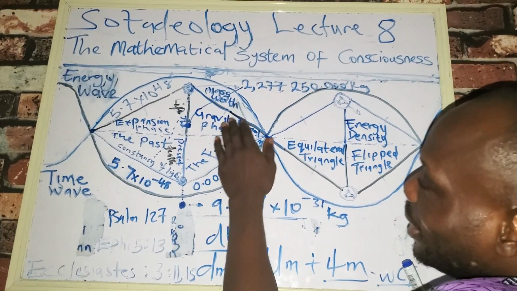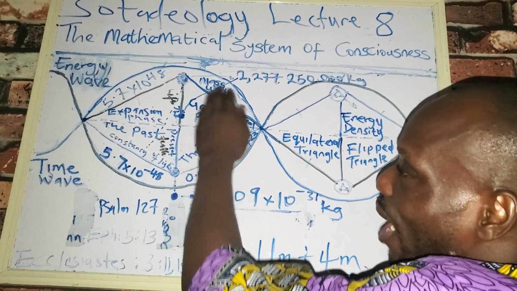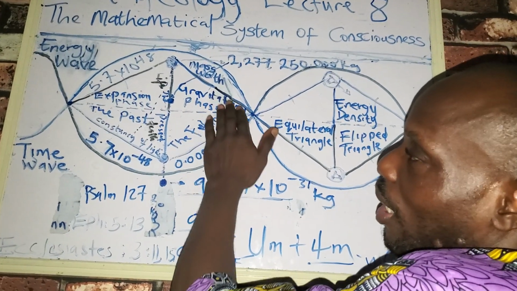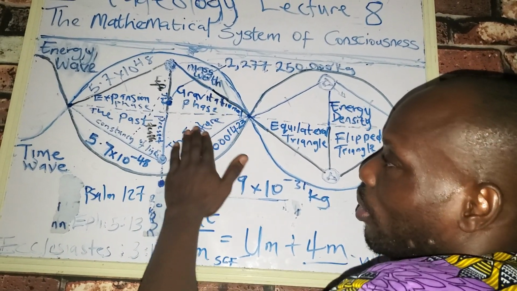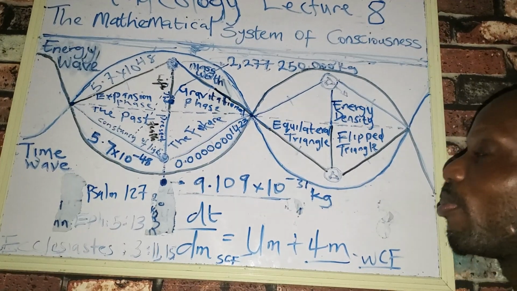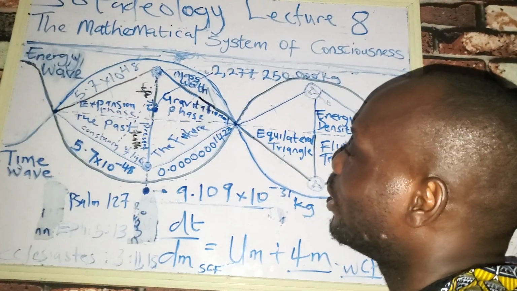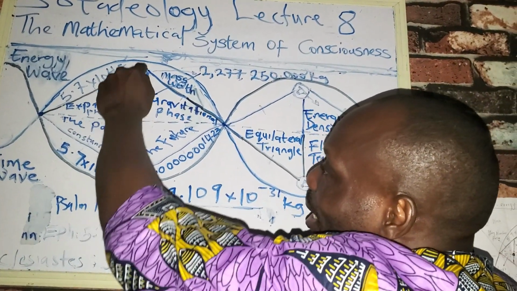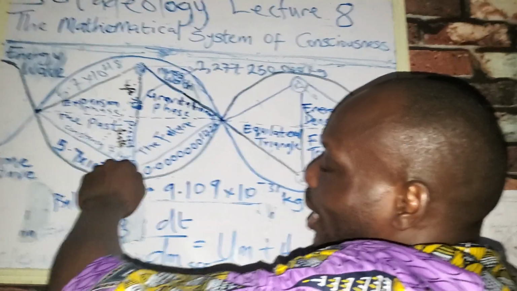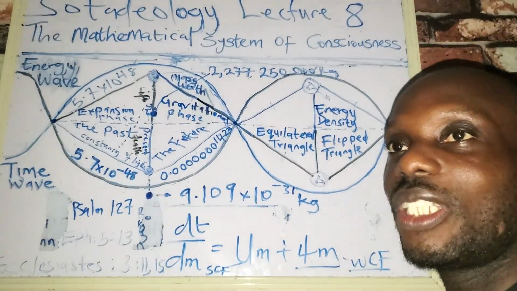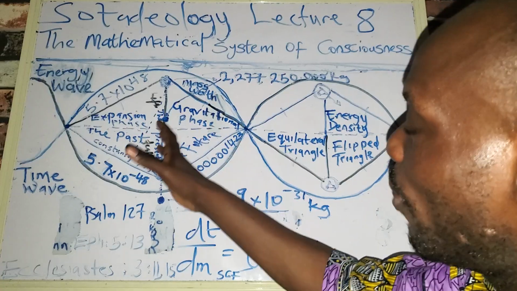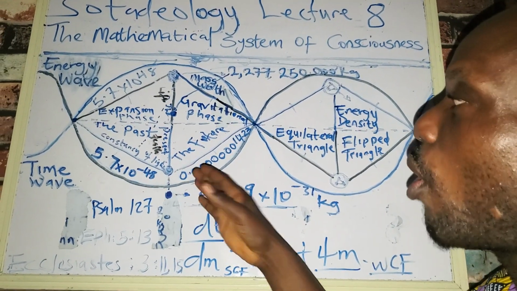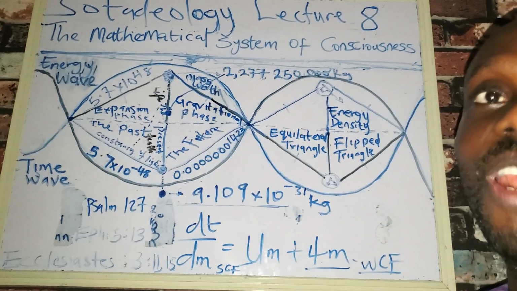Then in this phase of black hole where we have contraction, consciousness cannot be materialized as well. Now it happens that it's only at the central, at this vertical line, that we can have consciousness, and this is the present phase of time peregrination, or we can as well call it event horizon.